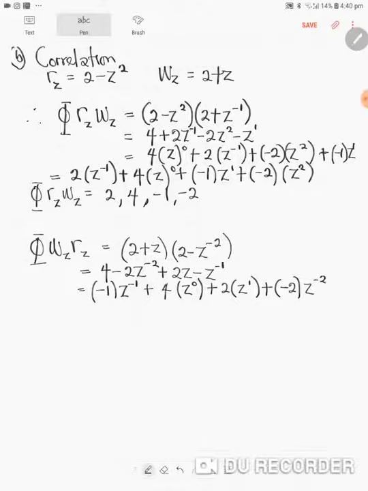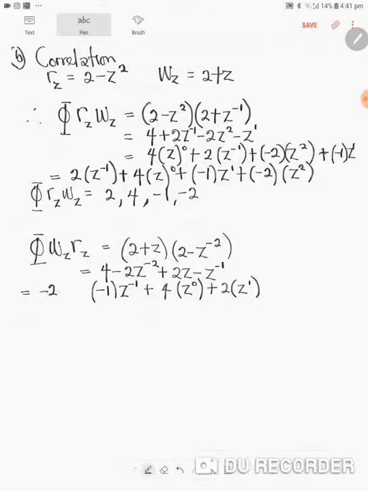So our answer is going to be, I think I've made a mistake somewhere. This is minus 2. It's supposed to come further in front. Sorry, I'm just going to erase this and bring it here, because minus 2 is smaller than minus 1.